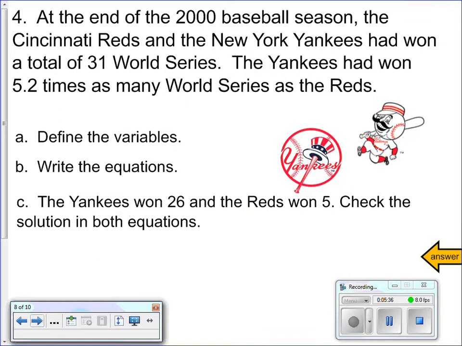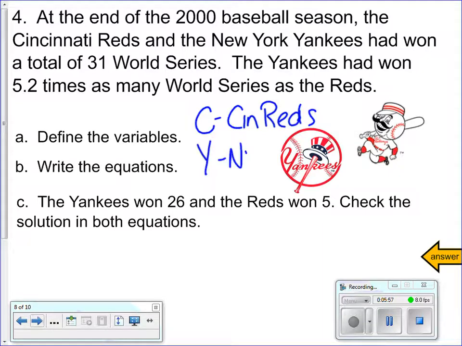At the end of the 2000 baseball season, the Cincinnati Reds and the New York Yankees had won a total of 31 World Series games. The Yankees had won 5.2 times as many as the Reds. So we're going to define our variables. I'm going to use C for the Cincinnati Reds and Y for the New York Yankees.